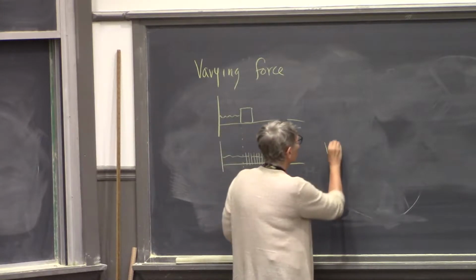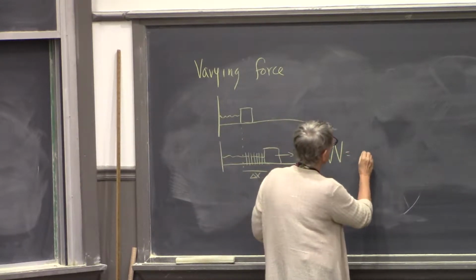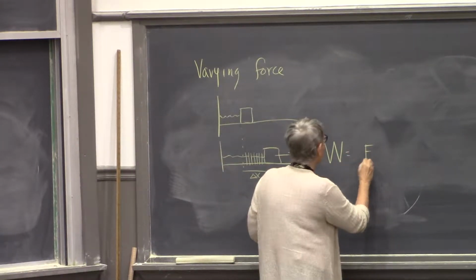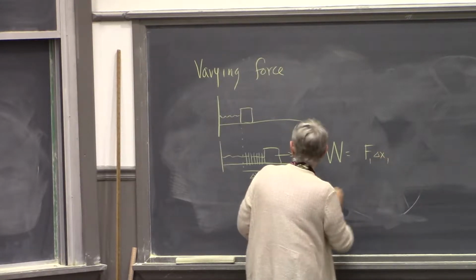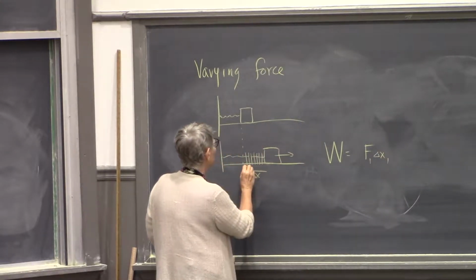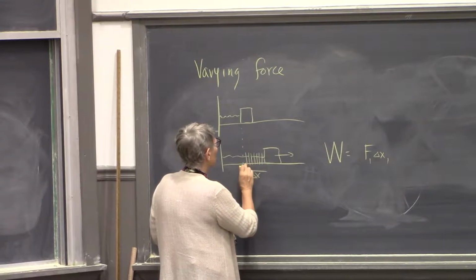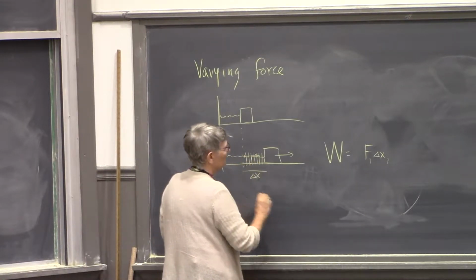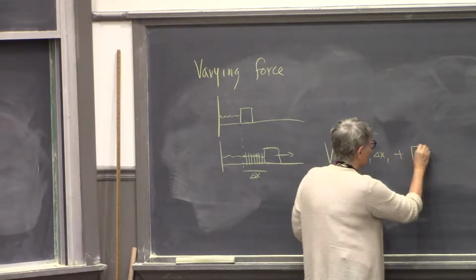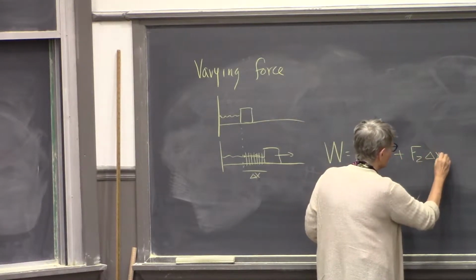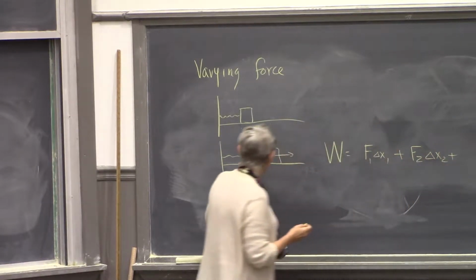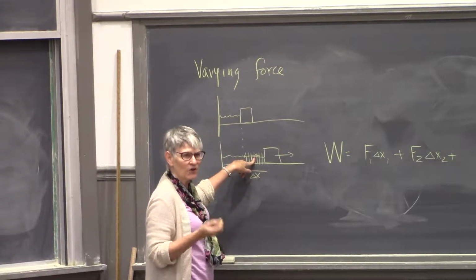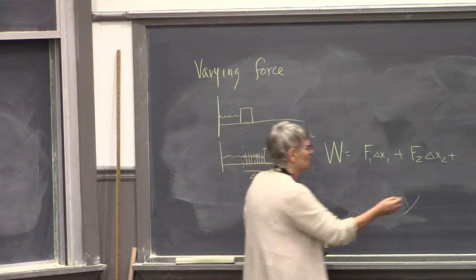And so the work here would be the sum of F1 delta x1. So we calculate the force, say, at the middle of this interval, delta x1, plus F2 delta x2, plus we'd calculate the force at the middle of this interval, F3 times that displacement.